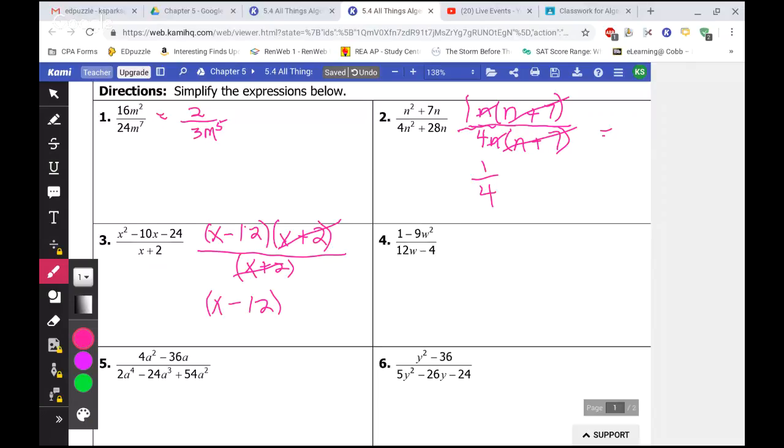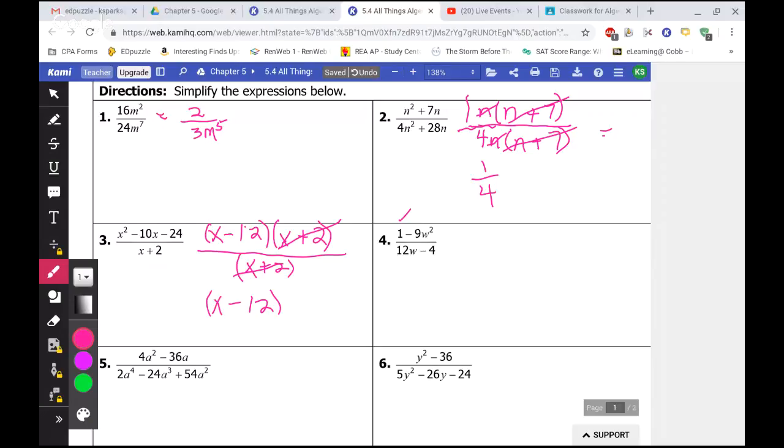All right. This top one is the difference of two squares on number 4, because I note that this first term is a perfect square. 1 is a perfect square. Good thing to always remember. We kind of forget that 1 is a square, but it is. It's a perfect cube also.